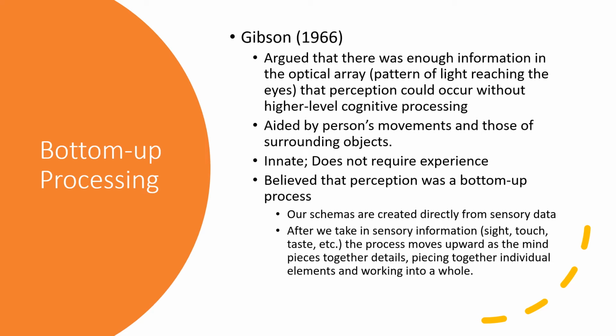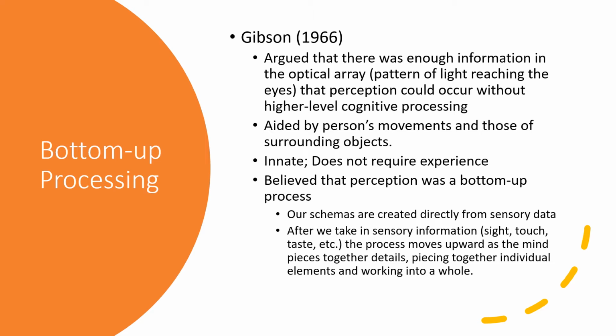So bottom-up processing, we're going to start off with. This was developed by Gibson in 1966, but he argued that there was enough information in the optical array, so the light coming into our eyes, that perception could occur without higher level cognitive processing.